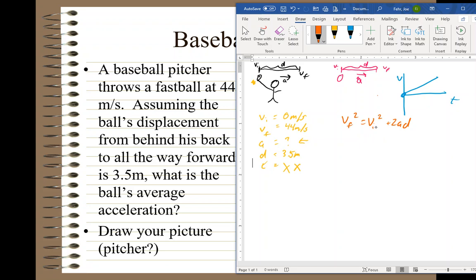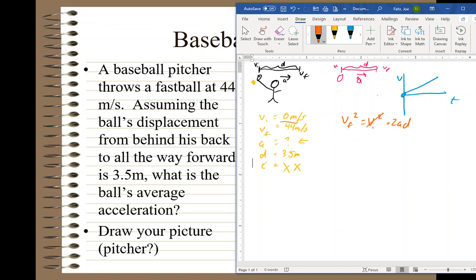And for those folks that use delta x as displacement instead of d, fine, whatever, it's not a big deal. Then you need to rearrange and solve for the acceleration. I don't want you plugging in any values yet, with the exception of if anything is equal to 0, because that'll just make it a lot easier. And looky, initial velocity is 0.